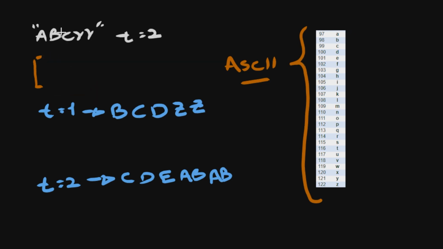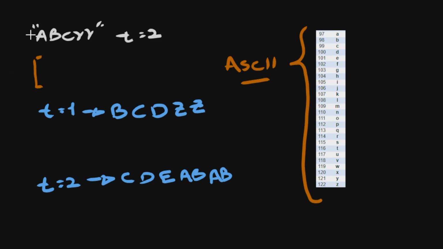So for example, we can know where to put this C by taking the code for C, which is 99, and subtracting the code for lowercase a. So 99 minus 97 is 2. This means we are putting a count of 1 in index 2. This is the first time we see the C. Now the C is at index 2, so we put a 1 here.